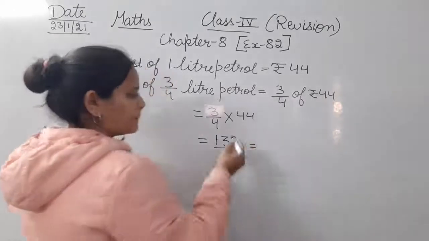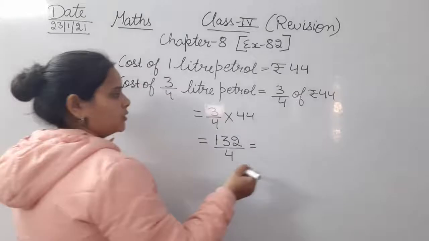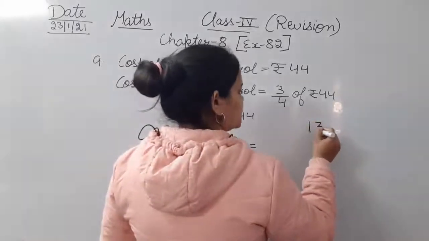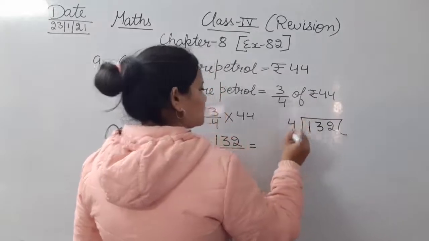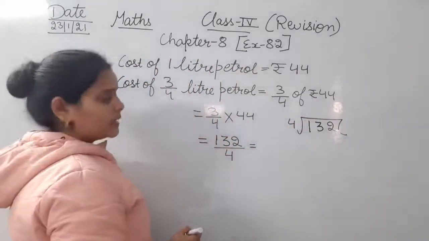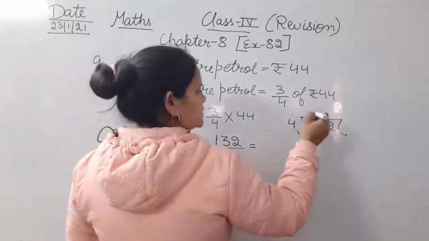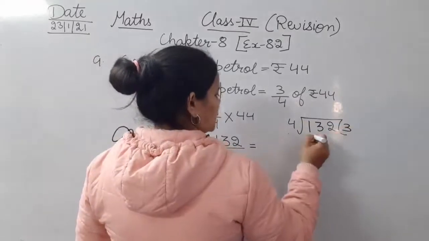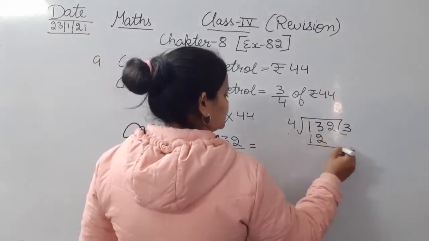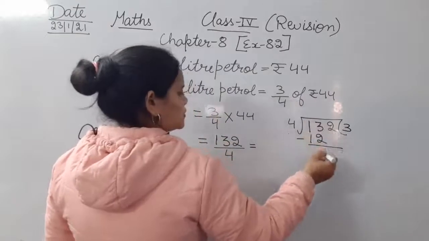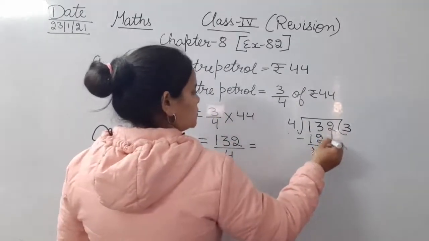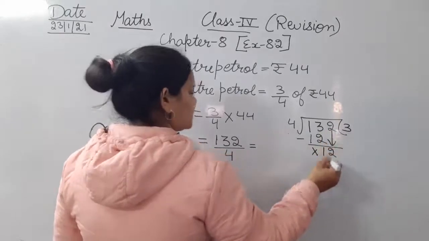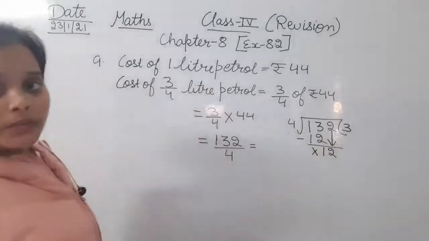Next, divide it by 4. So 132 divided by 4. 4 ones are 4, 4 threes are 12. 3 minus 2, 1, 1 minus 1, nothing is left. Bring down 2, that is 12.